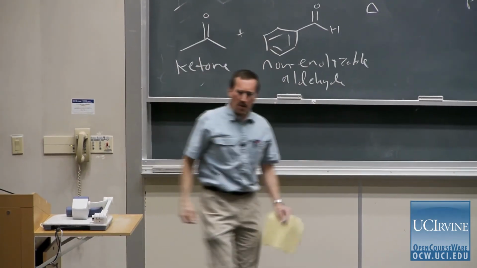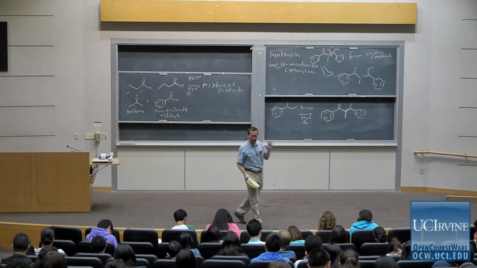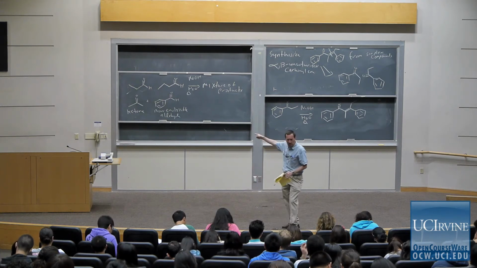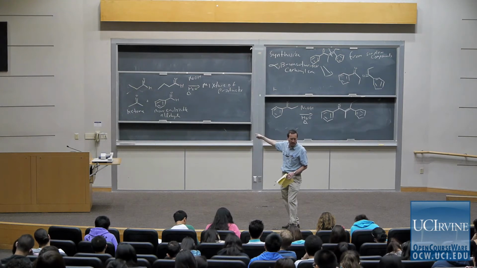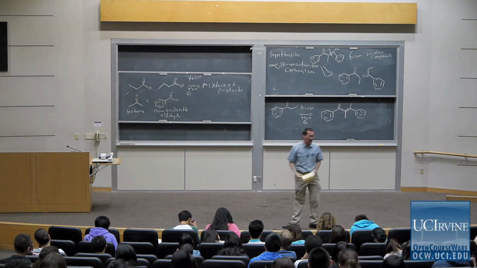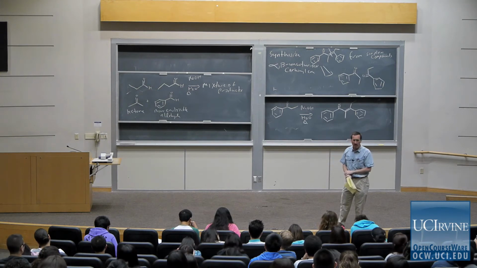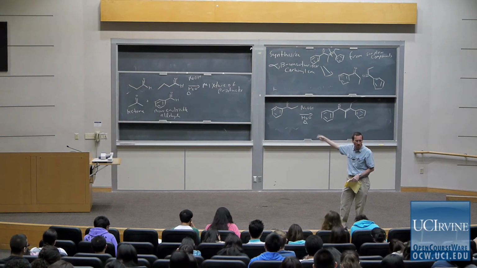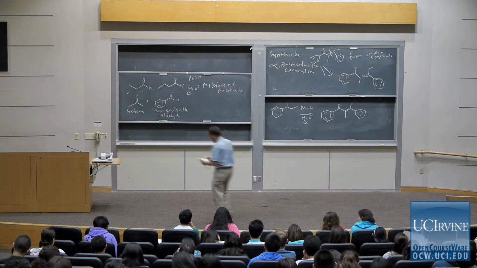See, the thing that's special about aldehydes is they're more electrophilic than ketones. So there's only one species in that mixture that can generate an enolate because benzaldehyde can't generate an enolate, doesn't have any alpha protons. And although there are two electrophiles, a ketone and an aldehyde, the aldehyde is the better electrophile.